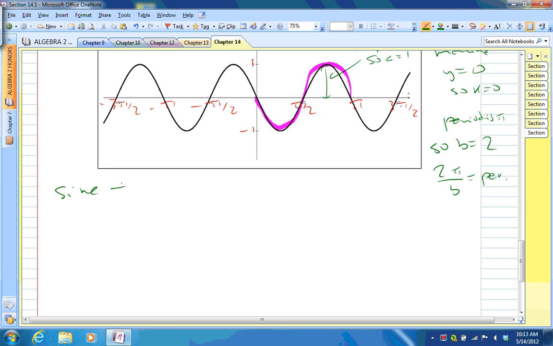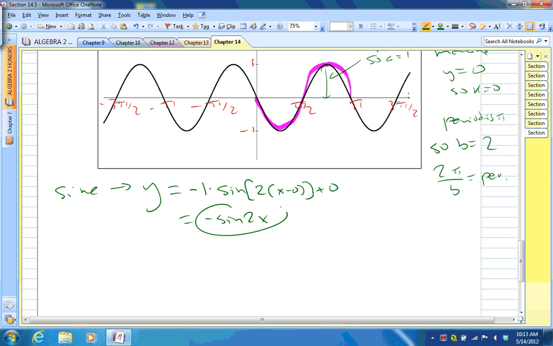So if I write a sine function for this, y will equal, now let's look at the pink. Notice how it goes down then up. So I could say -1 times sine of 2 parentheses x minus 0 plus 0. So y equals negative sine 2x. If you want to start right here for the sine function. I also could have started right here too.